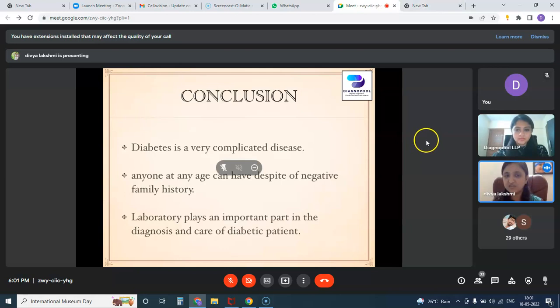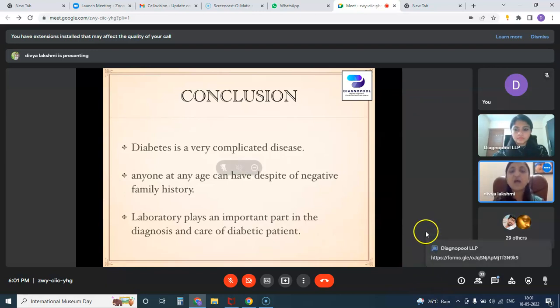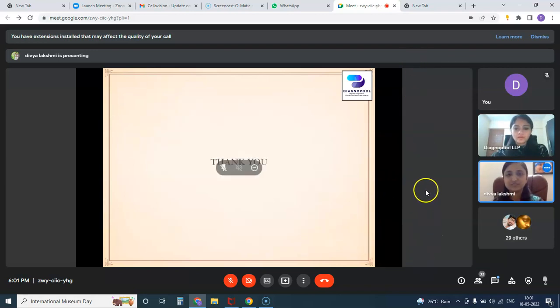So just don't assume type 1 diabetes occurs only in young, type 2 diabetes occurs only in old. It has to be diagnosed because there are different antibody detections also to identify what type of diabetes it is. So our lab plays a very important role in diagnosing diabetes and also in the care of patients. Thank you.